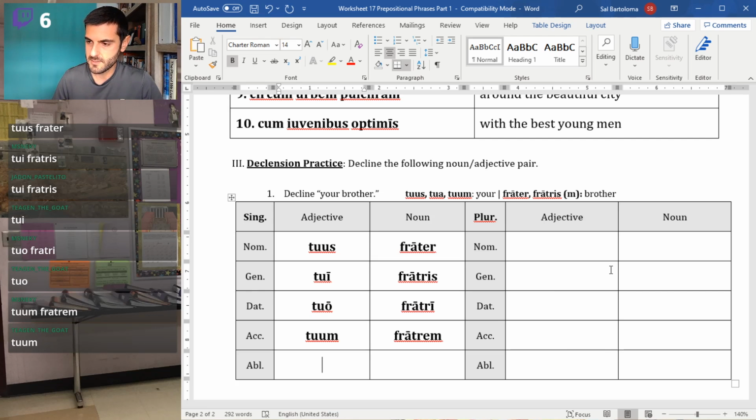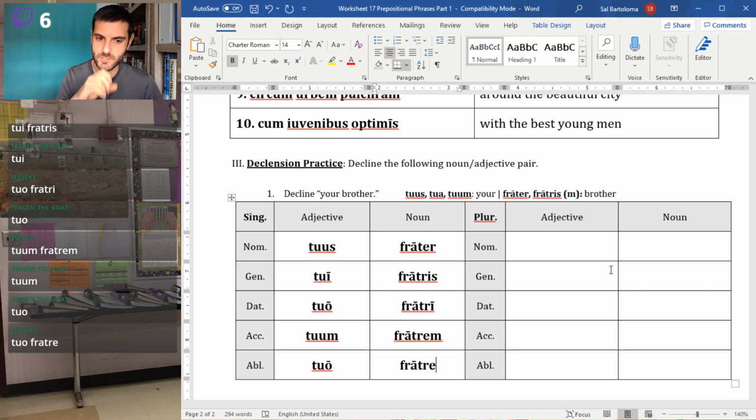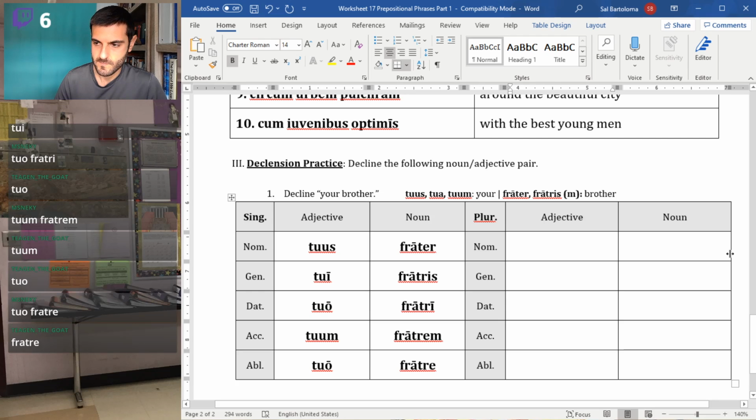And in the ablative singulars are always vowels by themselves. So tuo fratre. Tuo fratre. Excellent. How about our plurals?